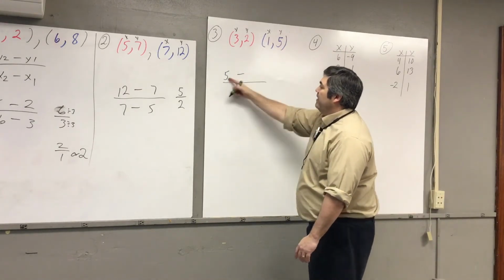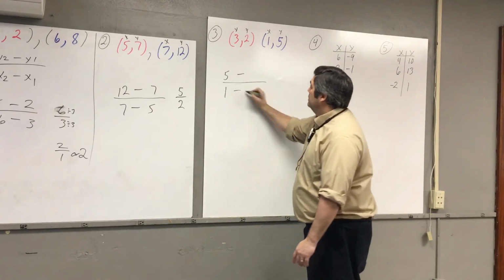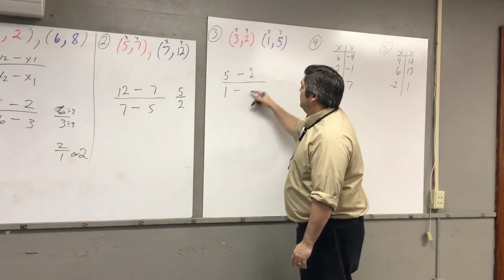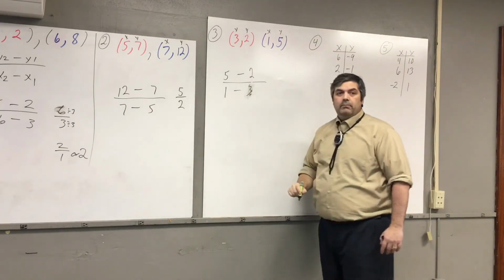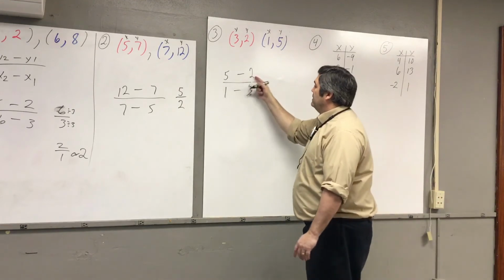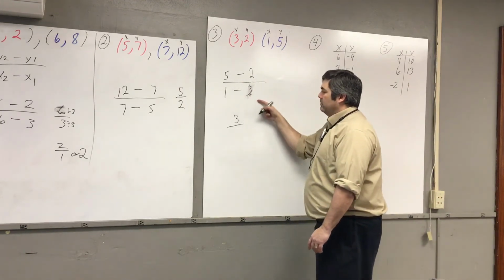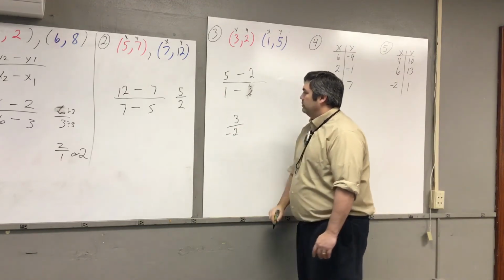As soon as I use the 5 there, the 1 goes there. Not an option. Okay, now here, well, 2, 3. Oh, 3. Okay, 5 minus 2 gets me 3. 1 minus 3 gets me negative 2.